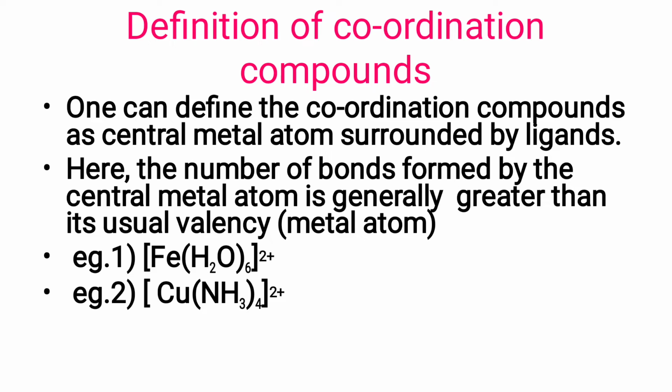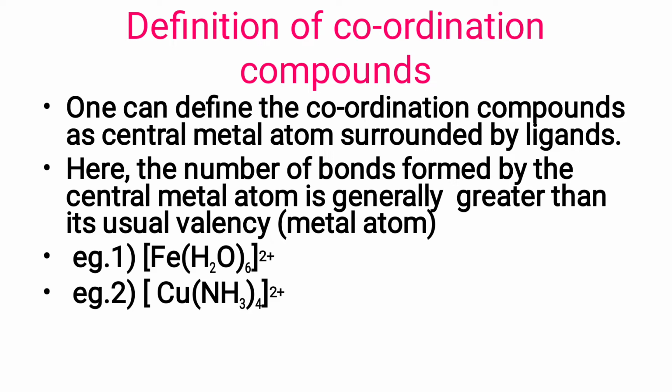One can define coordination compounds as a central metal atom surrounded by ligands in various geometries like square planar, tetrahedral, octahedral, linear, trigonal planar. So various geometries result when different ligands combine with the central metal atom.